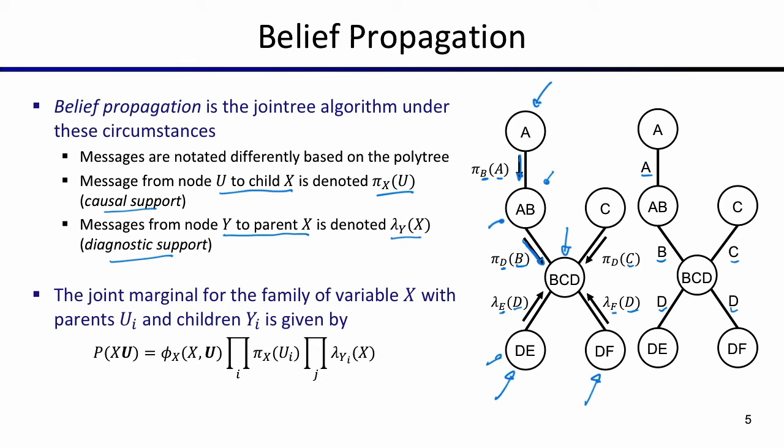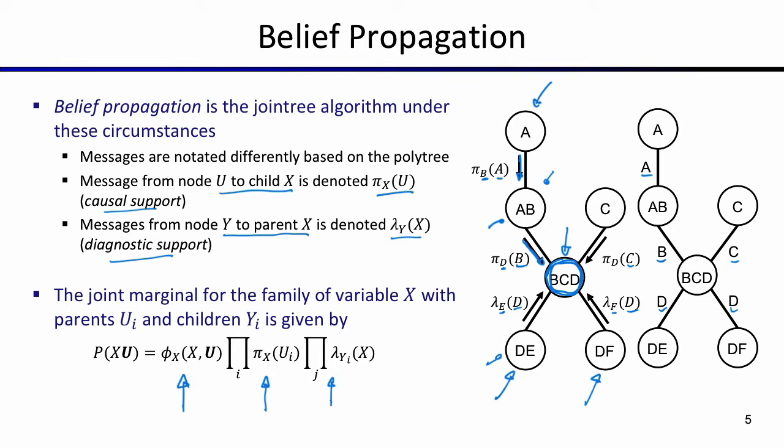Anyway, if you want to compute the belief of this node here, right? So it's going to be a factor. What we have to do is the same thing that we had before with the join tree algorithm. First I'm going to have a multiplication of the factor that is stored in this cluster, and also the messages that are coming from the parent and the messages that are coming from the children.